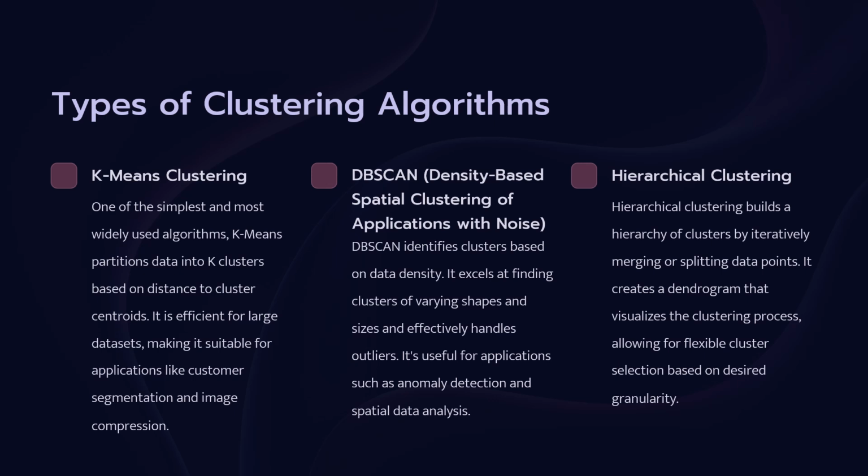Honorable mentions are model-based clustering, which is known as Gaussian mixture models, and grid-based clustering. So each type has its strengths and limitations. For instance, partition-based methods are efficient but sensitive to outliers, while density-based approaches excel in handling arbitrary shapes.